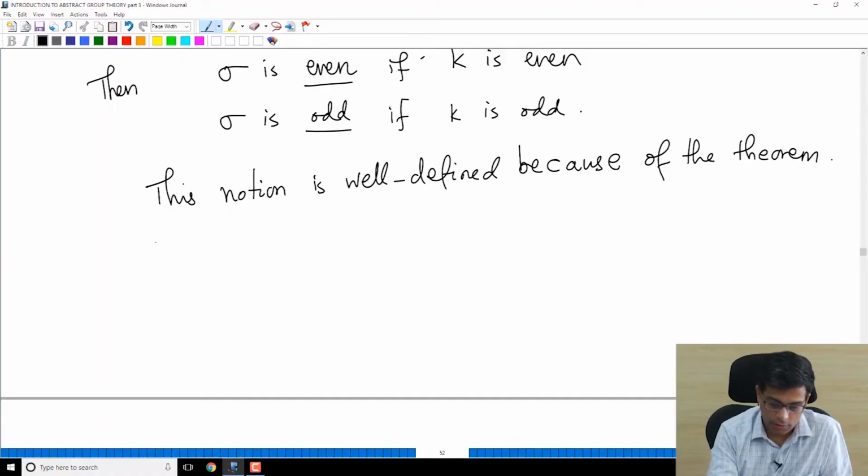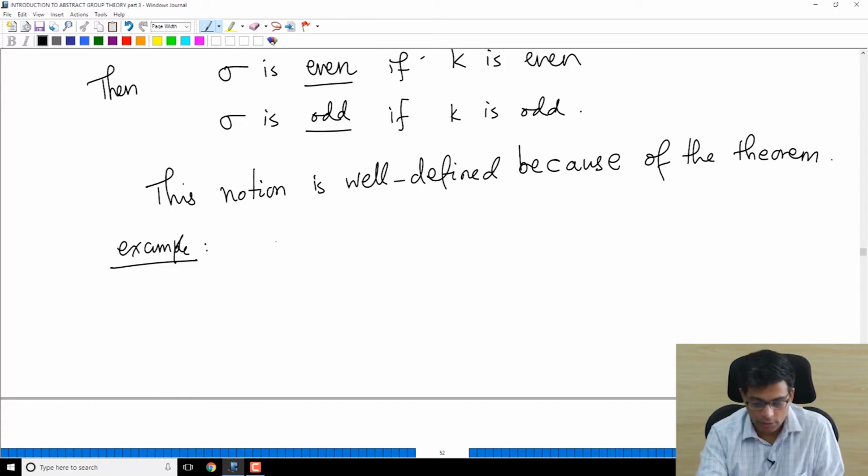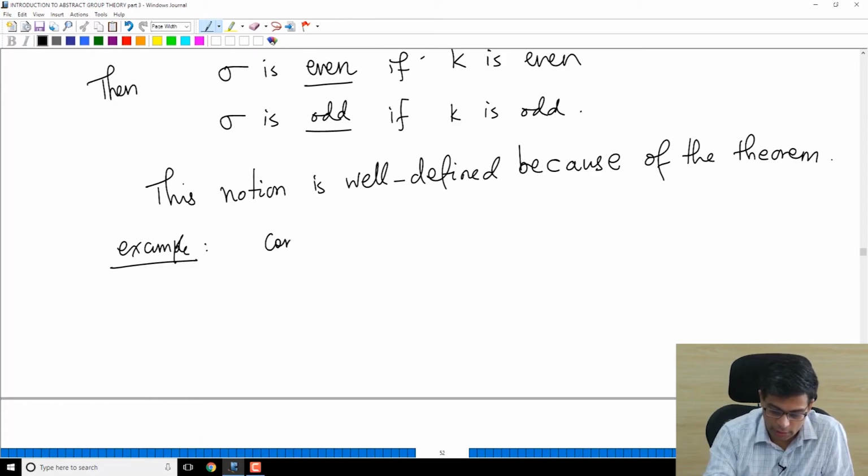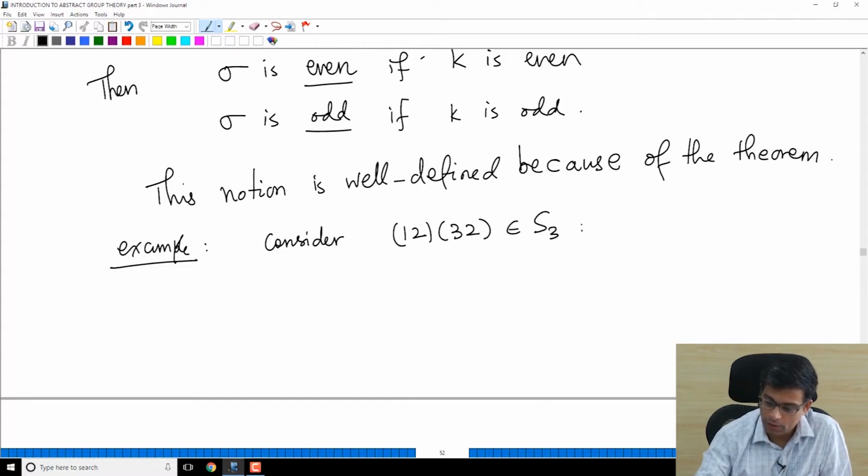Before that, let me quickly give you an example. Let's take S3, and consider sigma equals (1 2)(3 2). So this is in S3, right?